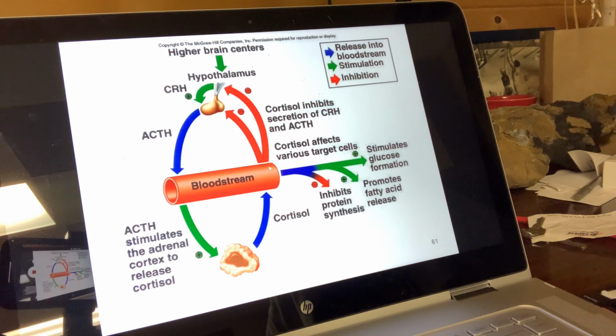Cortisol then affects many different cells in the body, again, stimulating increased glucose production, promoting the release of fatty acids, inhibiting the production of proteins. All of these things are associated with what we're going to talk about later in this talk about the chronic stress syndrome.